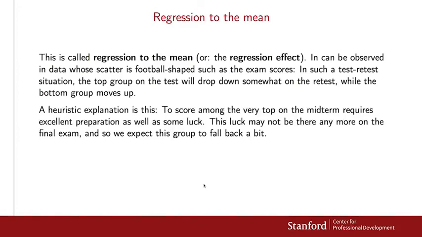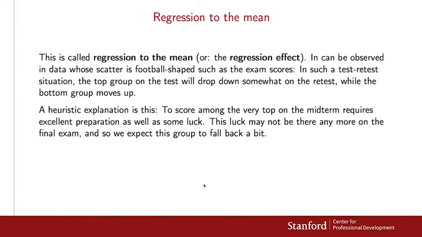To score among the very top on the midterm requires two things. First of all, the student has to be prepared very well, and there's probably also some luck involved. For example, the students may be very well prepared for the questions that happen to be on the midterm. Another element of luck might be that the student had a very good sleep the night before.